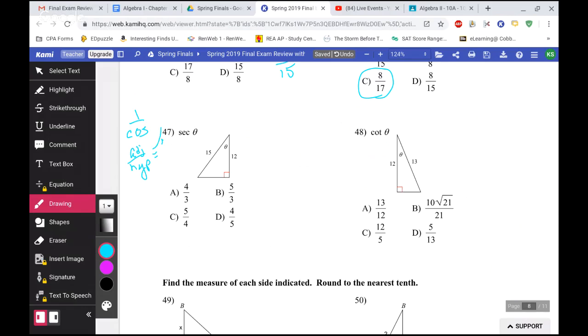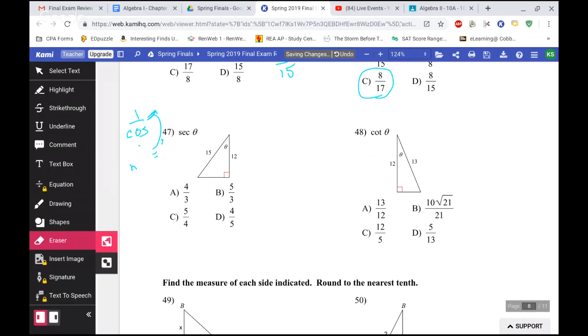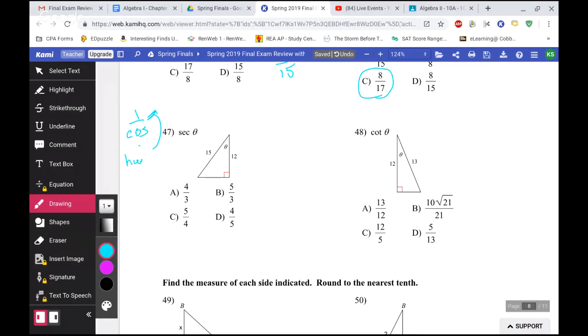So that's going to be hypotenuse over adjacent. And we're actually given adjacent over hypotenuse, but it can be reduced.